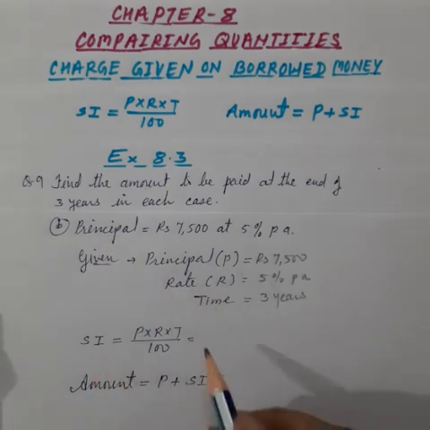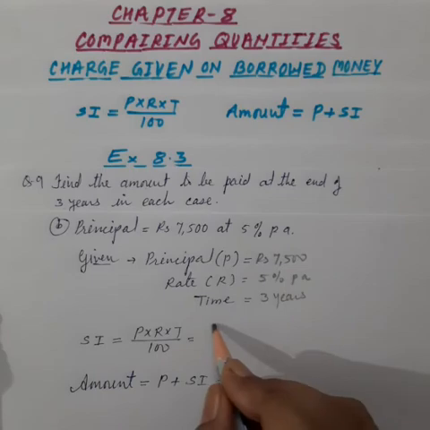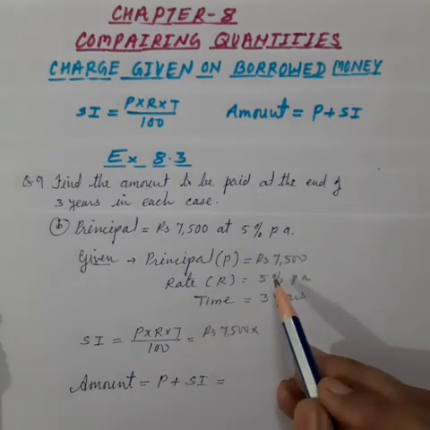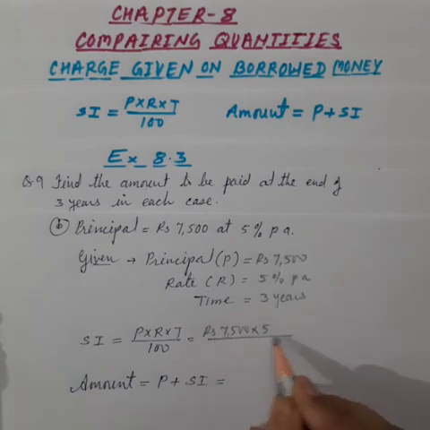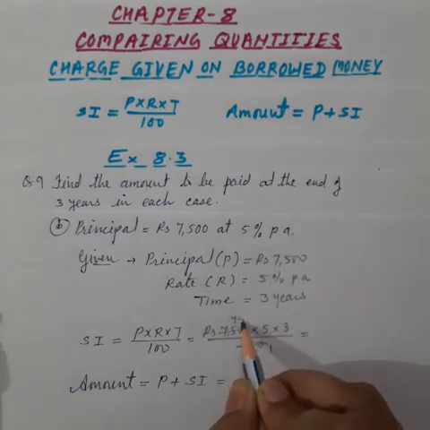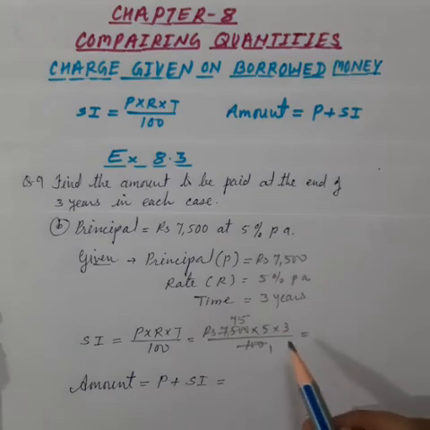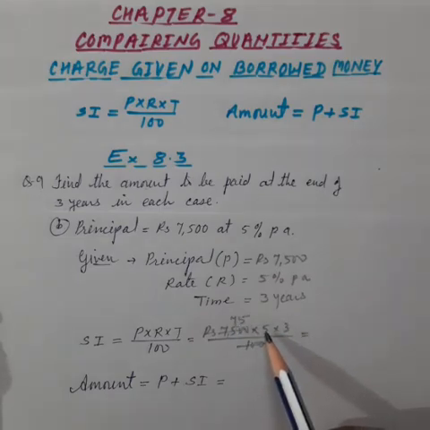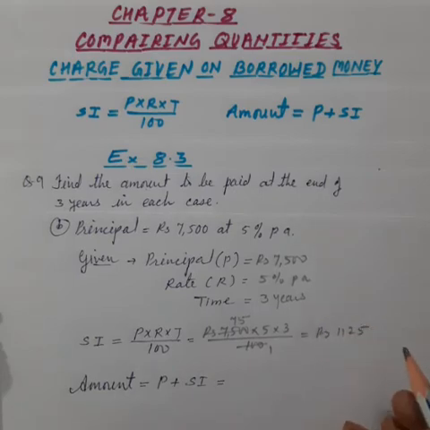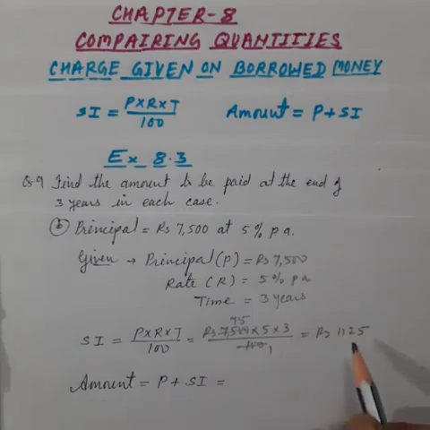First find out simple interest. Principal is rupees 7500. Rate is 5% per annum and the time is 3 years. Here 100 ones are 100, 100 75s are 7500. Now 75 into 5 into 3. We get here rupees 1125. Now to find the amount, add this simple interest to the principal.